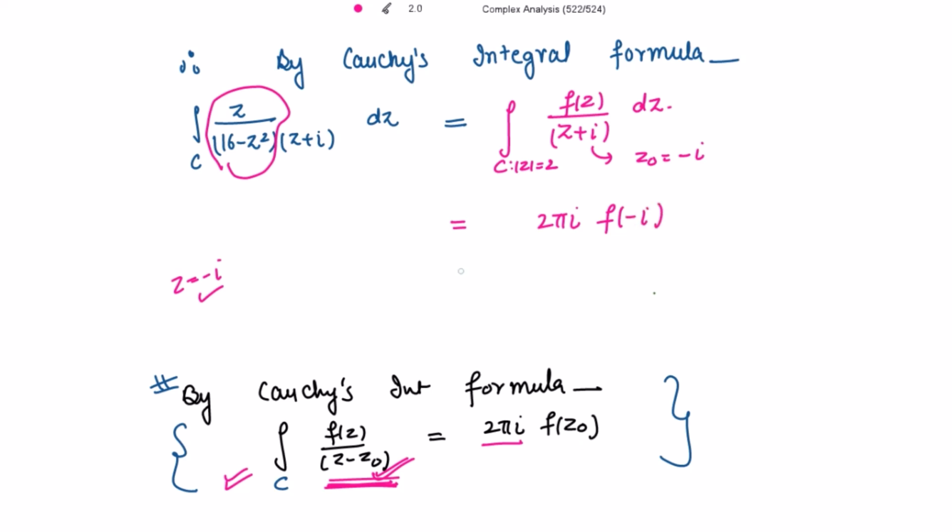Minus i. And we have found this value to be equal to -i divided by 17. i square becomes negative 1 and with this negative sign that will be positive. So this is equal to plus 2 pi divided by 17, which is the required answer for this integral.